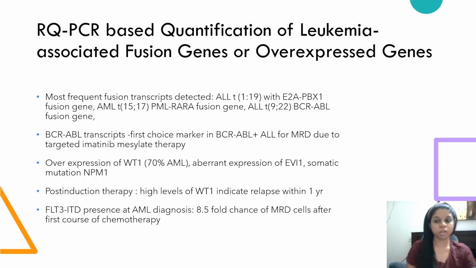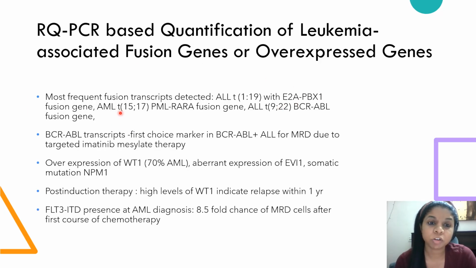So next we come to the real time quantitative PCR based quantification of the leukemia associated fusion genes. You will be detecting fusion transcripts, or overexpression of certain genes, by PCR. The most frequent fusion transcripts in acute leukemia: in lymphoblastic leukemia, you might see translocation 1;19, which shows the E2A-PBX1 fusion transcript.